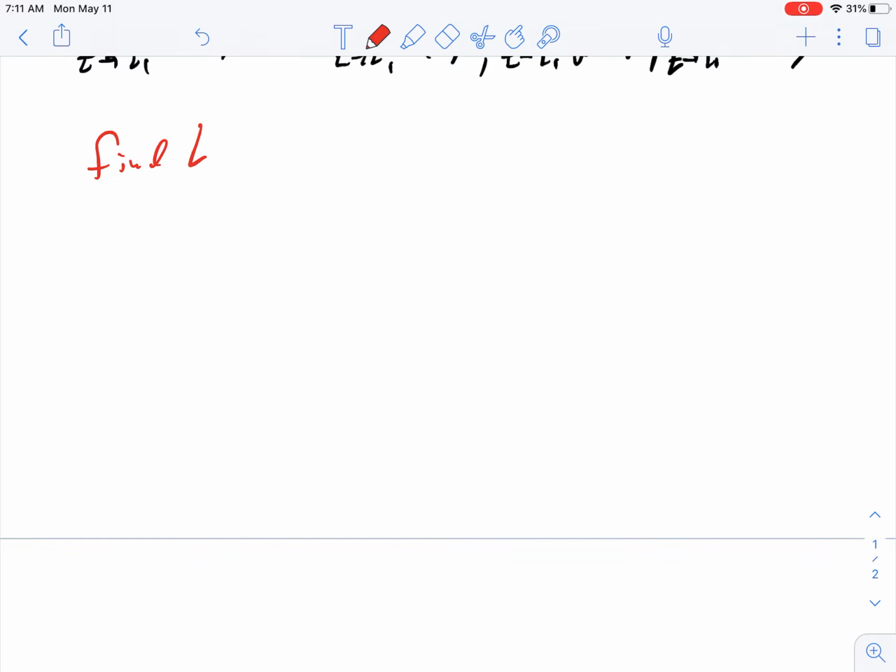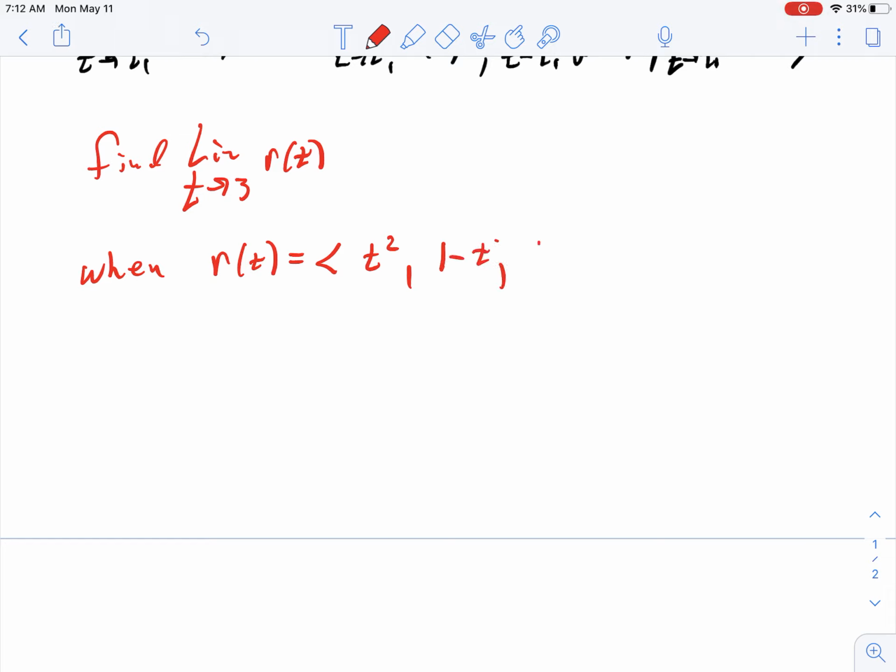I want you to find, say, the limit as t goes to 3 of r of t, when r of t has the function t squared, 1 minus t, and t to the negative 1. Okay, so the notation here, we will be saying what's the limit as t goes to 3 of r of t.